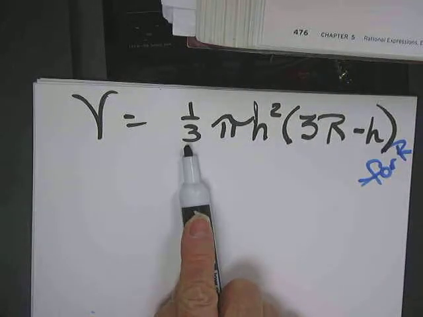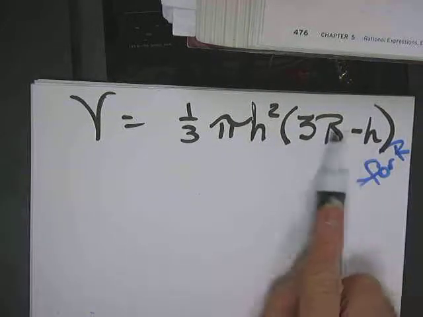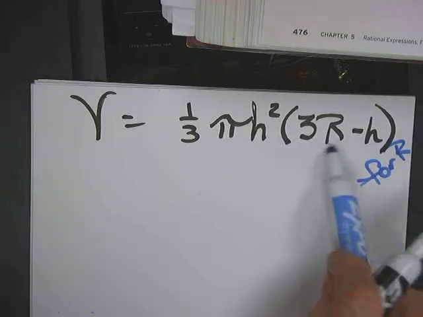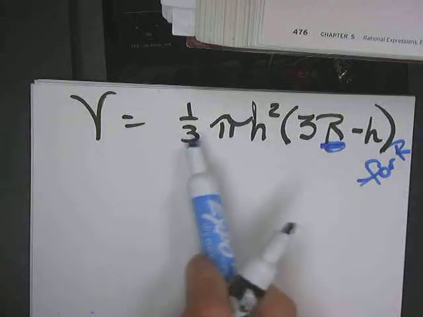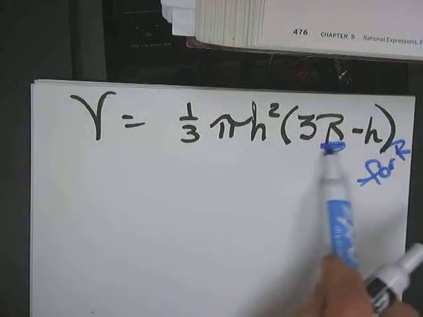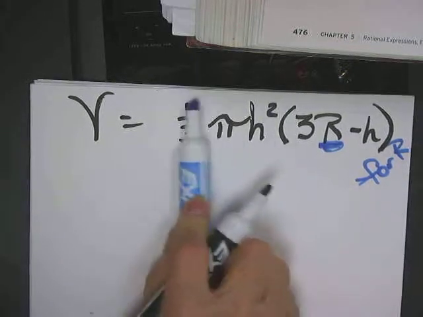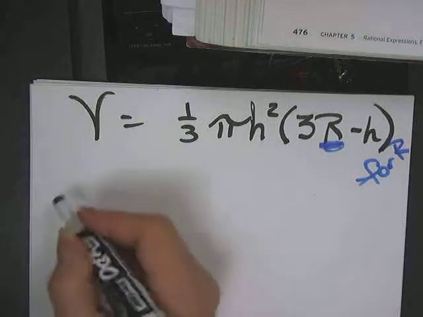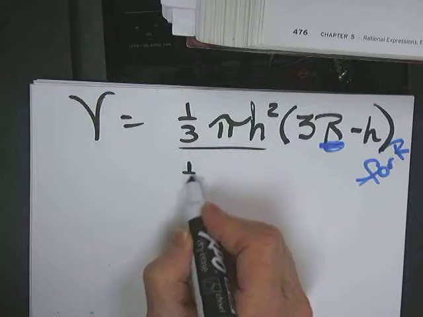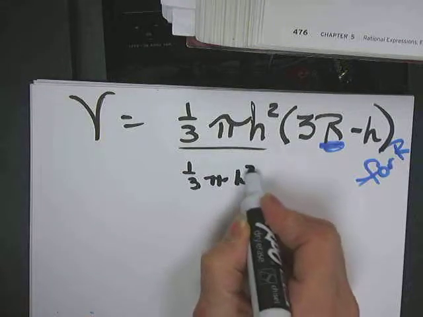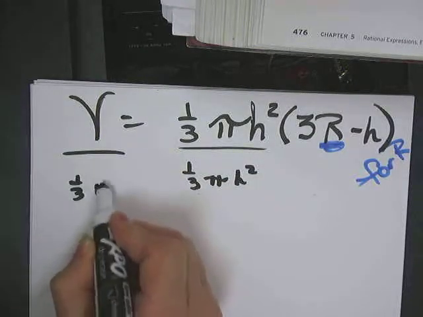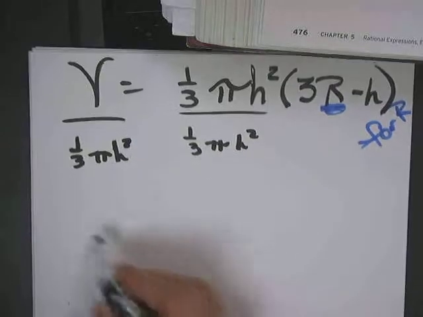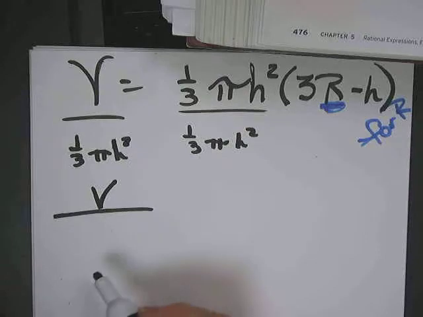Looking at our last example, remember what we did is we got rid of this first, right? So that we had this by itself on one side, because we're trying to get this by itself, and it's nowhere else except right there. So first thing, divide.